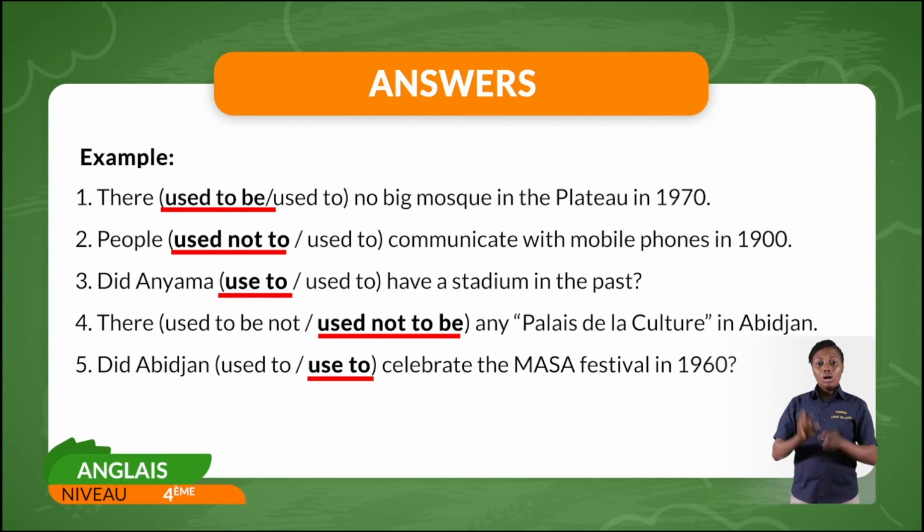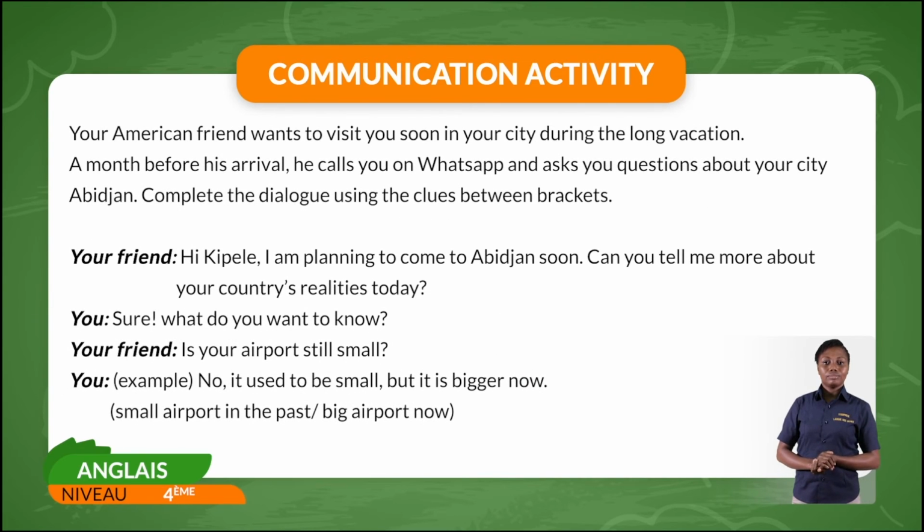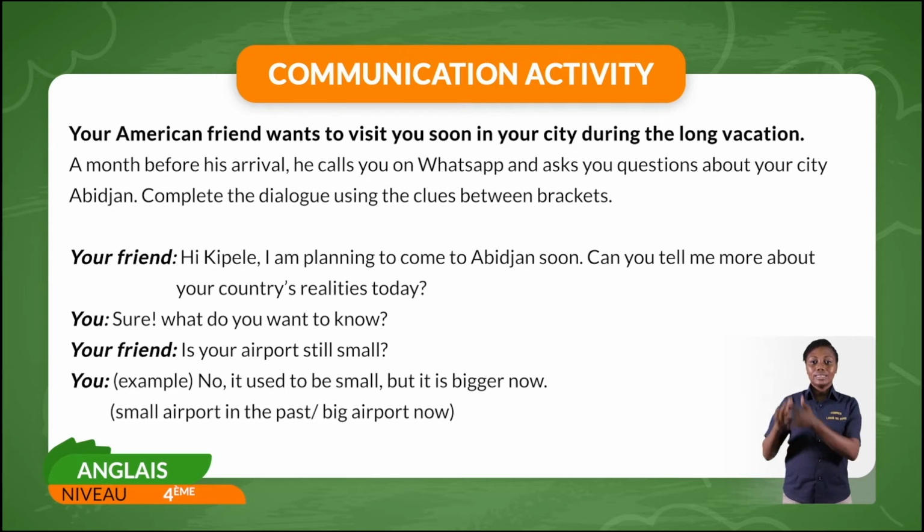All right? Good. Now that you know some words to describe a city, and you also know how you can talk about a city in the past and in the present, we're going to move on to the communication activity. And it goes like this. Your American friend wants to visit you soon in your city during the long vacation.